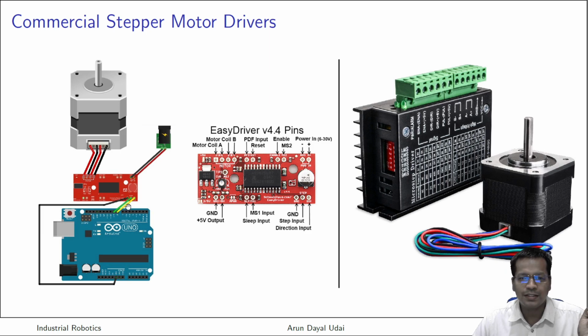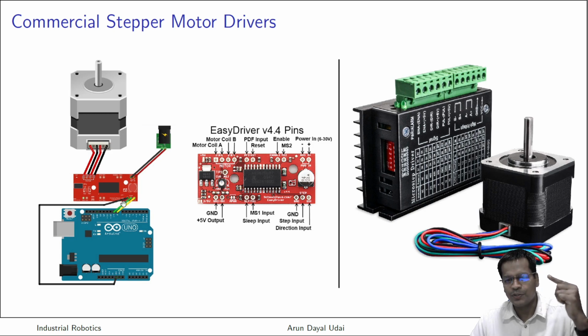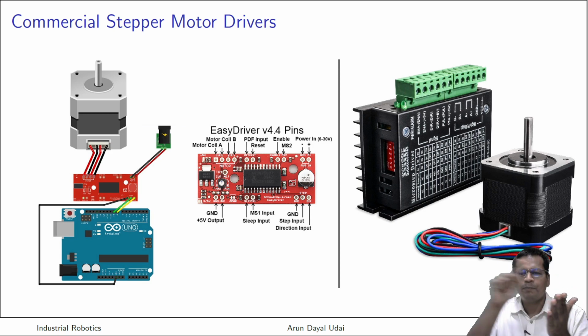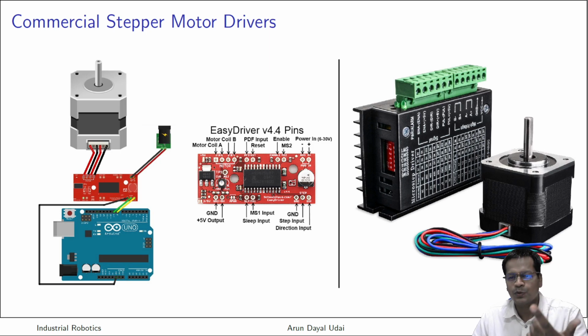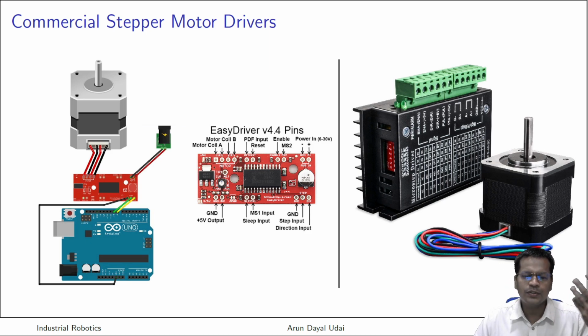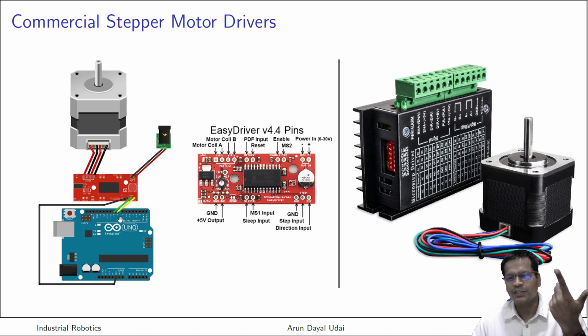Of these 2 wires, one is for steps. If you give one pulse high, it moves by one step. Another pulse high, it moves another step. So you just have to create a PWM, a square wave signal, high, low, high, low, high, low. The number of pulses you give is the number of steps it will run. Very easy. Then how to change the direction? You don't have to reverse the pulse.